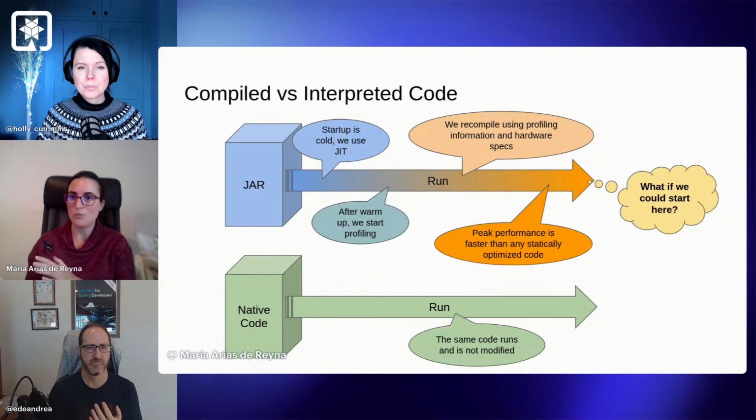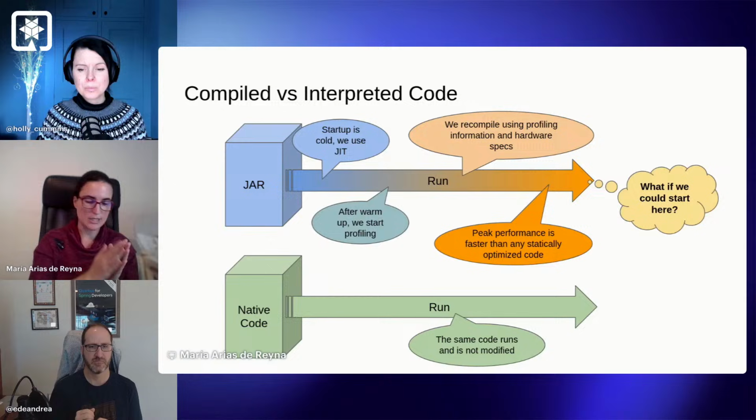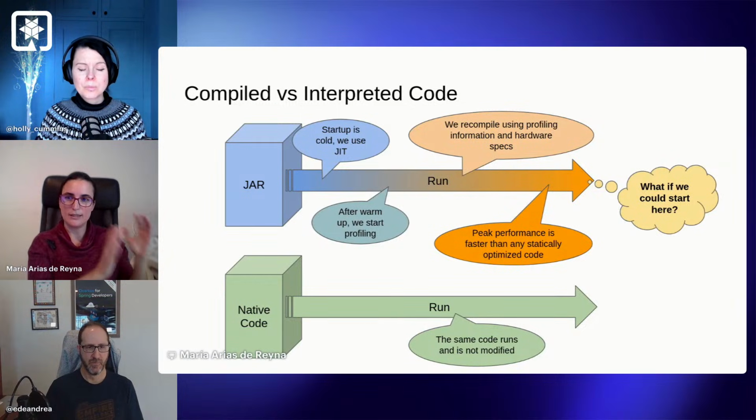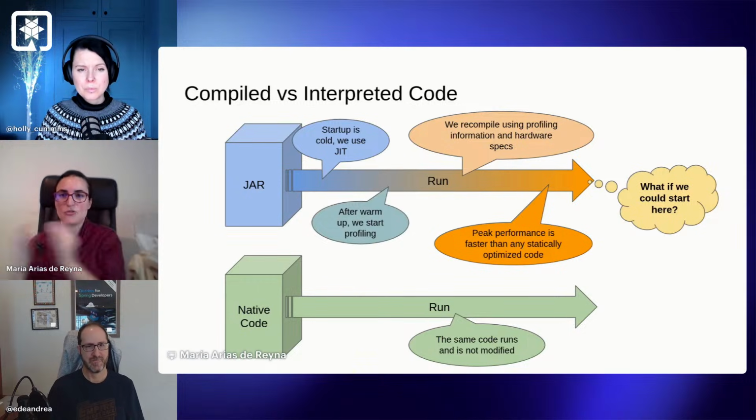And we can start already with all this information of we are going to use this hardware, we are going to use this specific set of instructions. We already have compiled code specifically for your CPU and your use case. What if we could do that? And that's what Leyden tries to do, tries to get all this hot part from the end or the middle of the run and move it to the beginning.